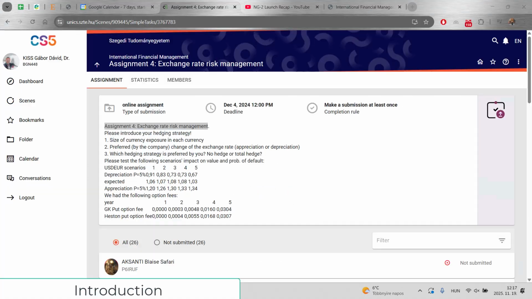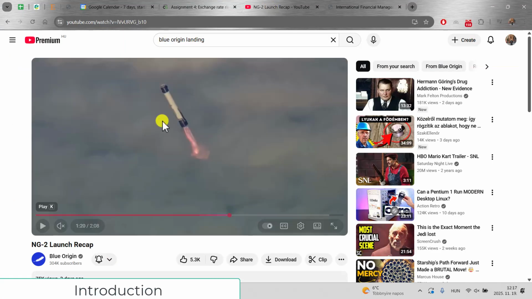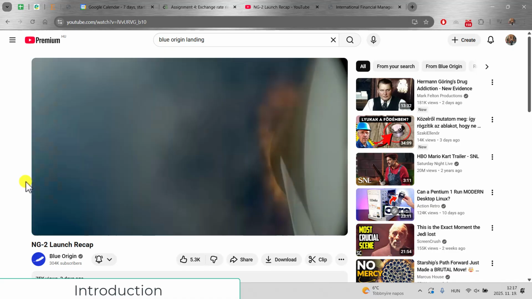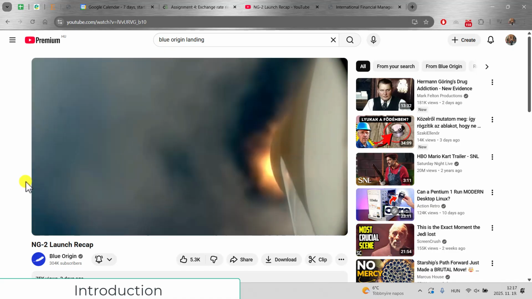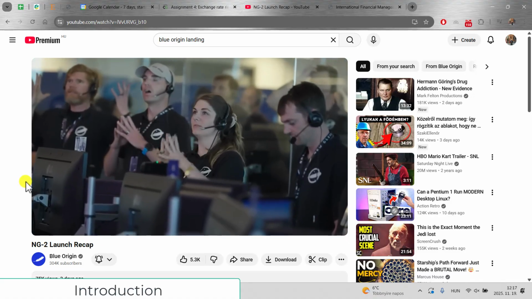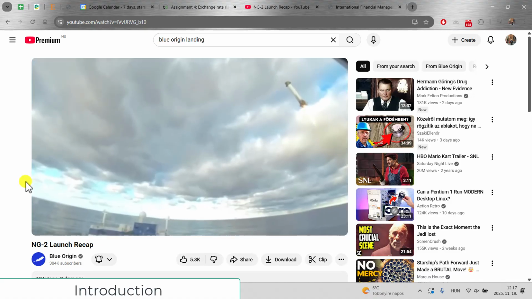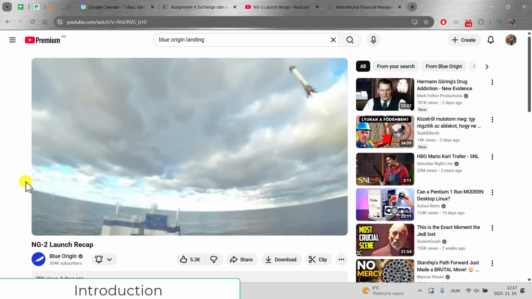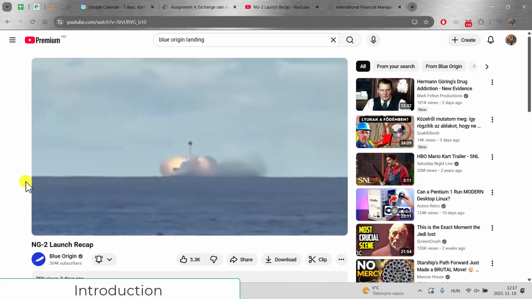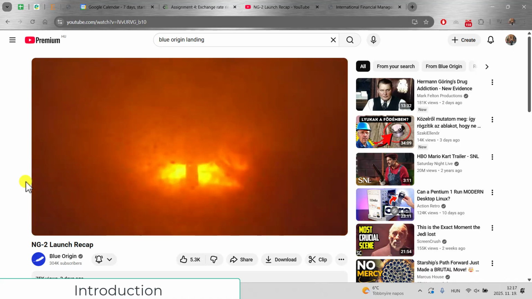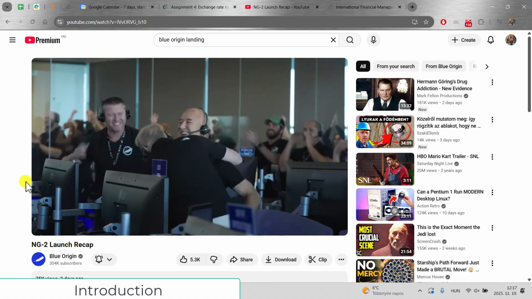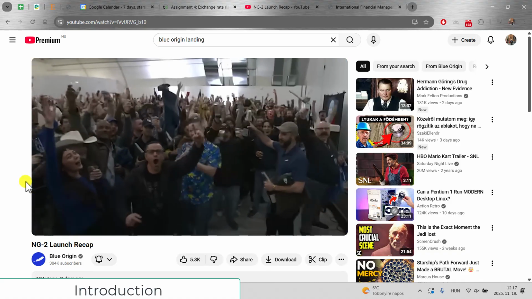There is one slight hiccup here, because if we were following the news this weekend, we can see that Blue Origin, which is the rocket company of Jeff Bezos, who is the founder of Amazon, at the second attempt, which is quite rare, were able not just to launch their rocket, but also to recover the first stage.